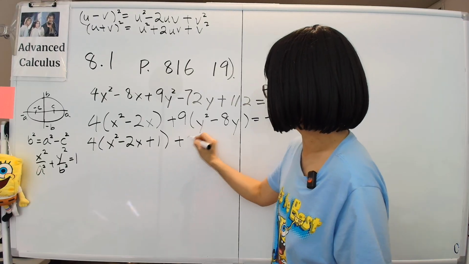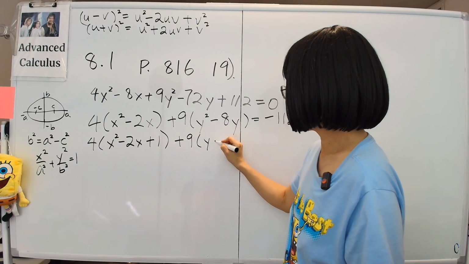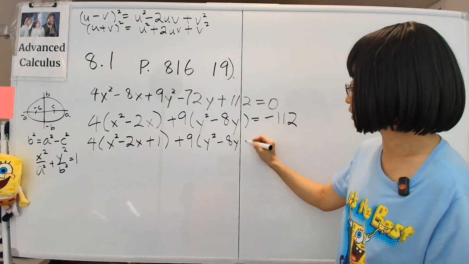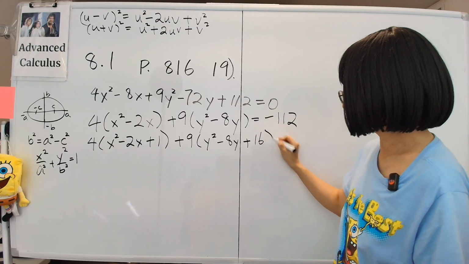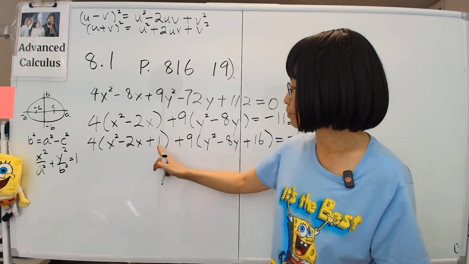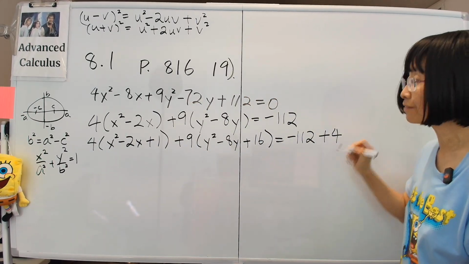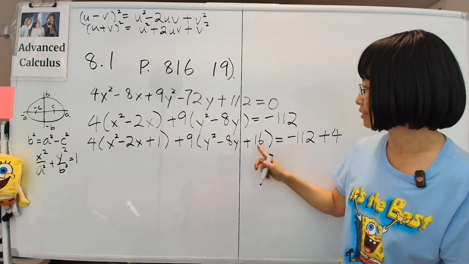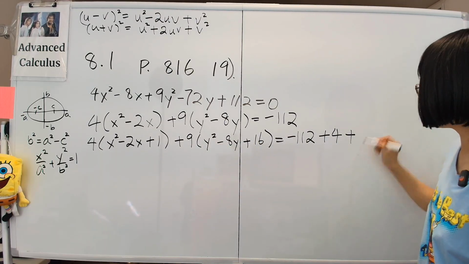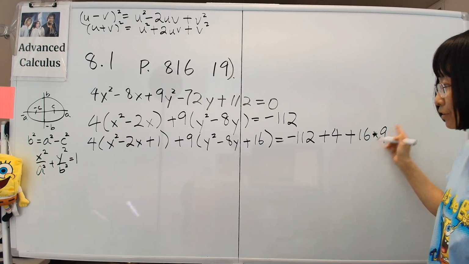Similarly, this becomes y squared minus 8y, and half of that is 4, square it, and that's 16, and that equals minus 102. So at this point, we added 1 times 4, which is 4, so let's add it on this side as well to be fair. And then for this one, we added 16 times 9, so we add that too. What's 16 times 9? I don't know. We'll just write it this way, 16 times 9. We'll deal with that later.